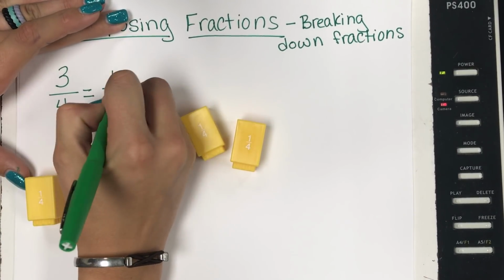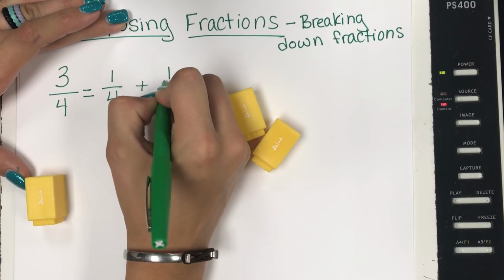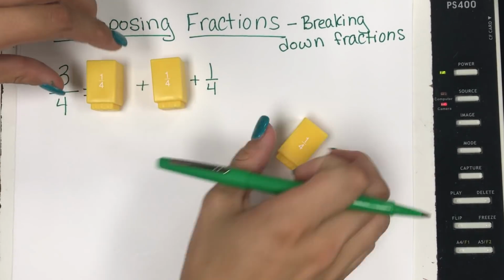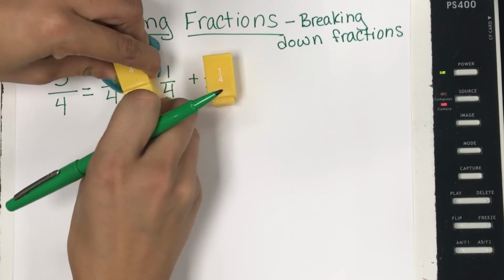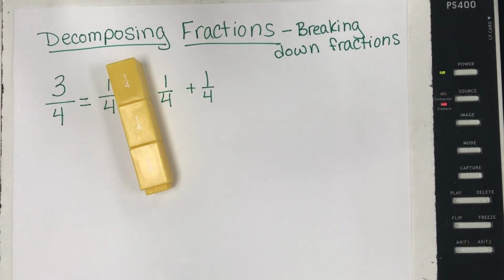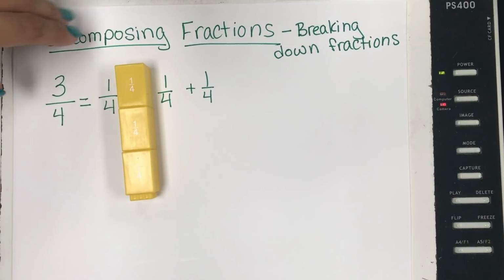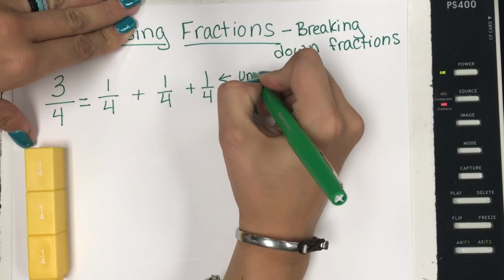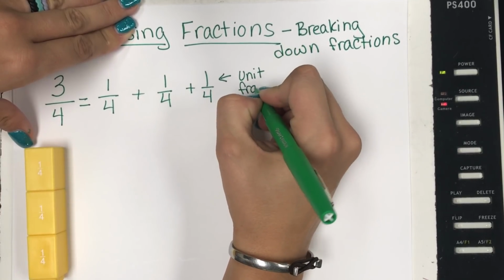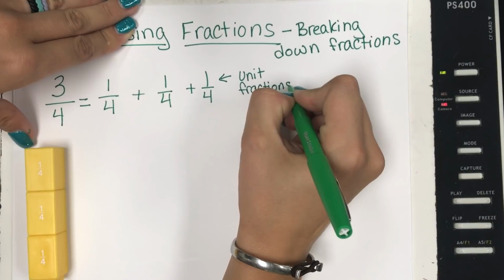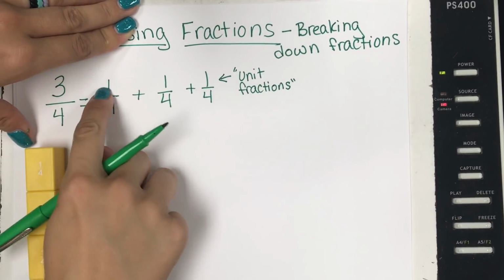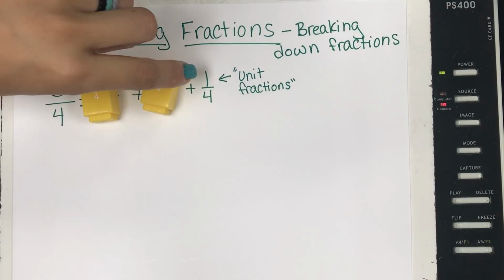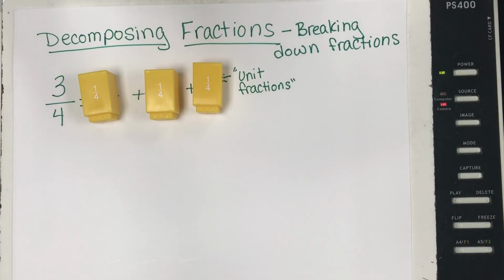And when I stick them all back together, I get that 3/4 again. Okay, so that's one way you can do it. You can break it into what are called unit fractions. They call them that because you have 1. I have 1/4 plus 1/4 plus 1/4.